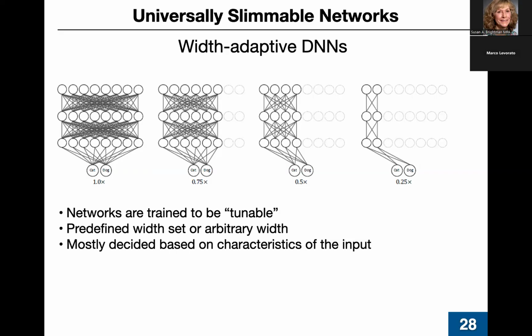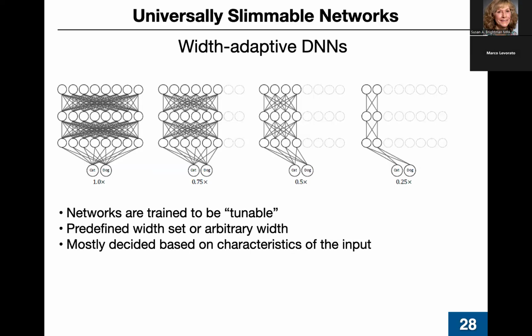So I'm going to go very fast. The crash course is that with a slimmable neural network, you essentially train one network which can be slimmed. You train the model, but the model can function even if you remove many of the nodes. Okay, and this is controllable.